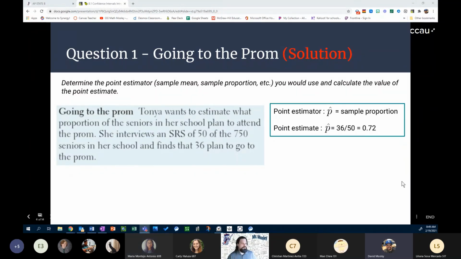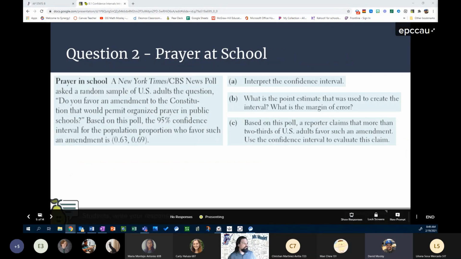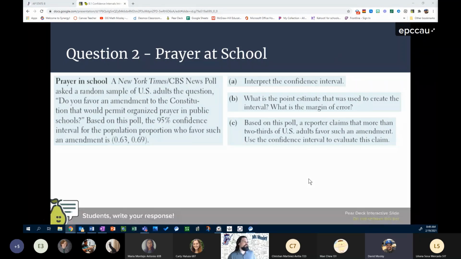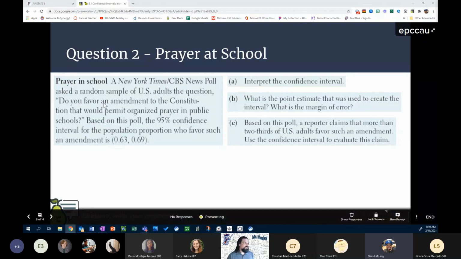Right. Let's move on to our next question. All right, this one has multiple parts, so you're going to get a little bit more time to work on this one. All right, so we have a poll that asked a random sample of U.S. adults the question, do you favor an amendment to the Constitution that would permit organized prayer in public schools?